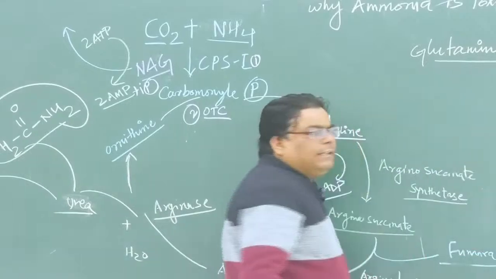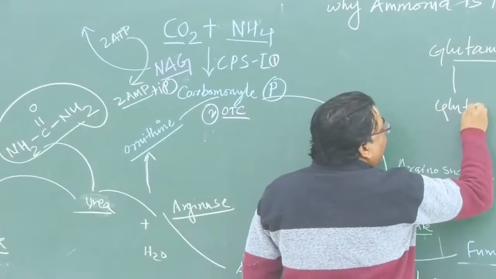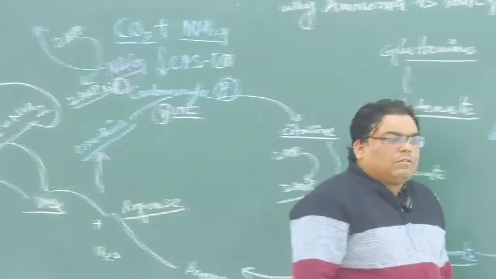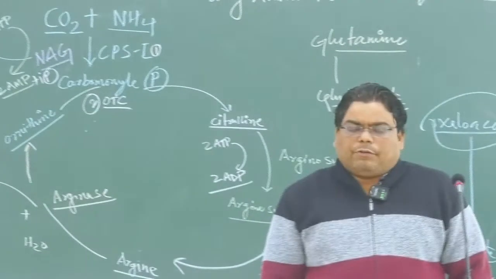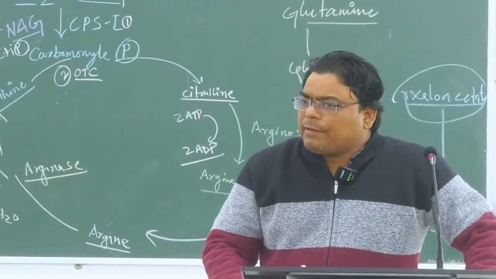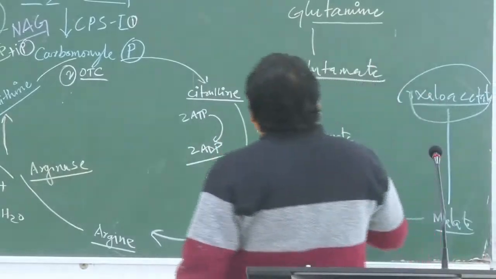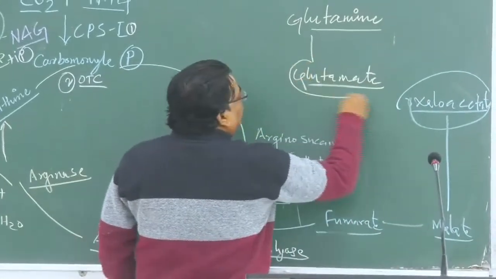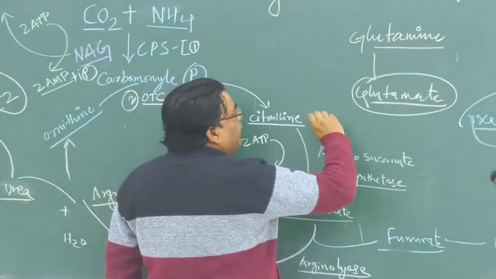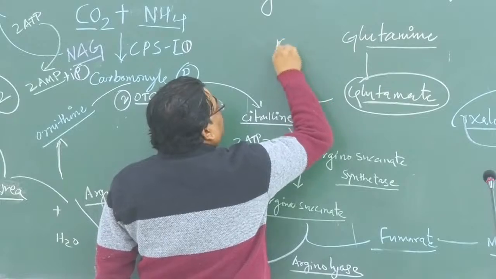And how is this glutamine formed? From glutamate. Do you know the reaction of oxidative deamination? There is removal of ammonia from glutamate. And this glutamate is formed by a transamination reaction. This is the transfer of ammonia by oxaloacetate.